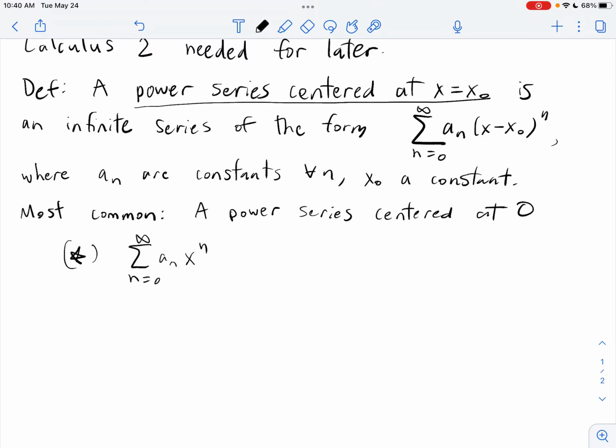Why do we focus on this? Well, the main reason is this note that we're about to write here. We can actually shift a power series.